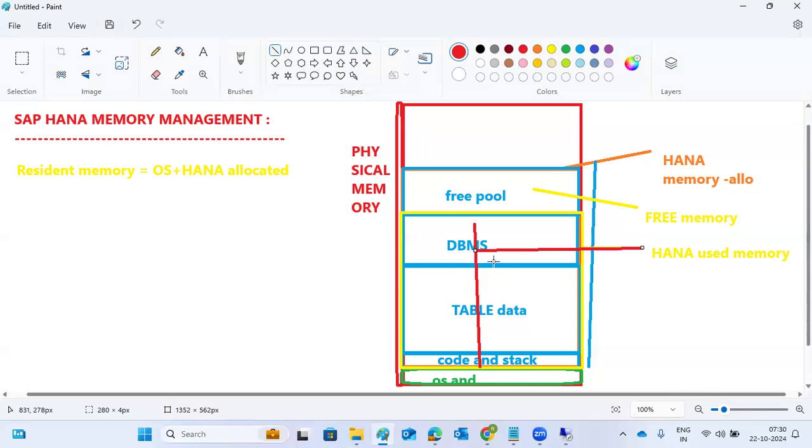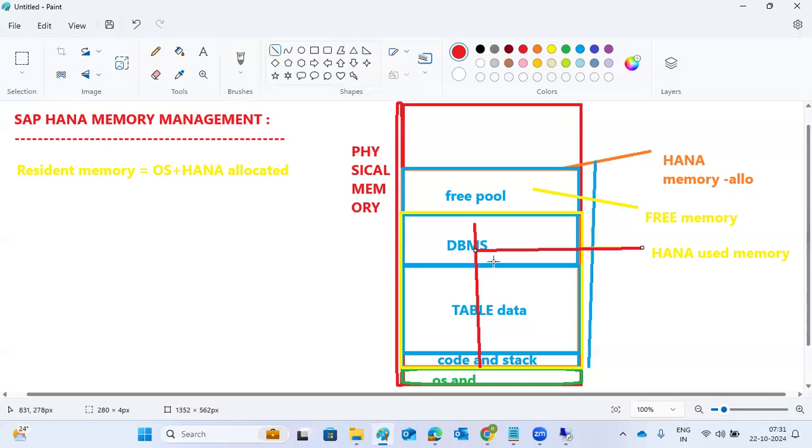Each process requires some memory reservation at the operating system level. When SAP HANA starts up, the OS reserves some memory for the programs, code, stacks, and everything. So HANA used memory means code, system tables, row store tables, column store tables, DBMS, all this.